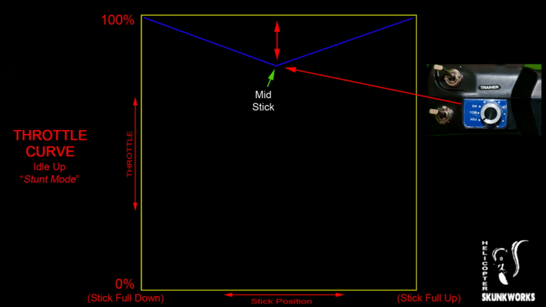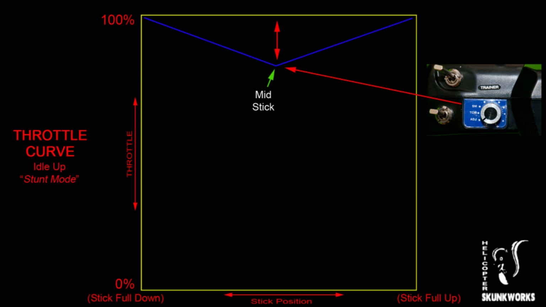So it's turned all the way to the left, so that's going to be minimum throttle. And I don't know the exact numbers, maybe it's somewhere around 70 or 80% throttle. But the important thing to get out of this is that that knob is what controls how much throttle output there is at mid-stick, which also would translate to RPMs naturally.